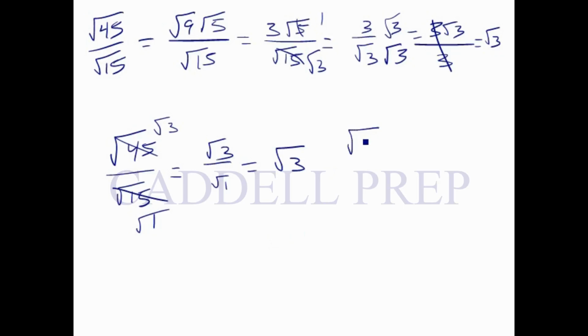And I'll explain it one more way. Radical 45 over radical 15. 45 is really 15 times 3, so radical 45 is radical 15 times radical 3. This is radical 15. They cancel, and we're left with radical 3. So two different options to solving the same problem. We got the same answer both ways.